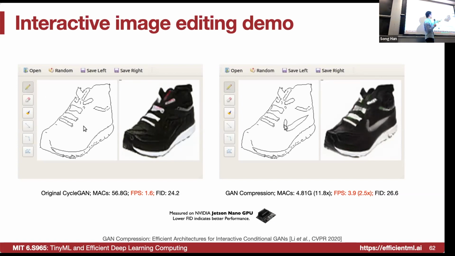You can go back to erase, and there you have a nice shoe. Previously, it's not very interactive, running only 1.6 frames per second, versus now it's about 4 frames per second. And this is running on a very low-end Jetson Nano, a very low-power edge device.